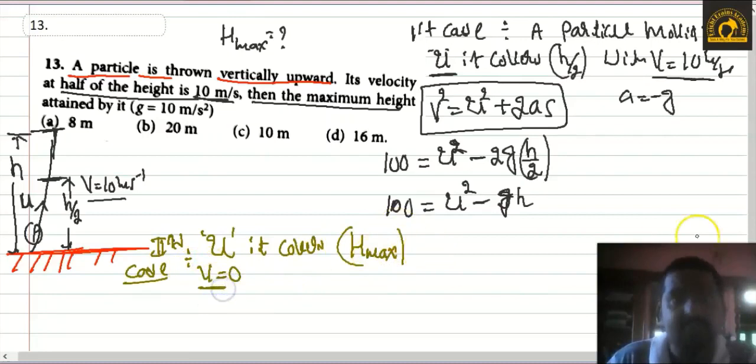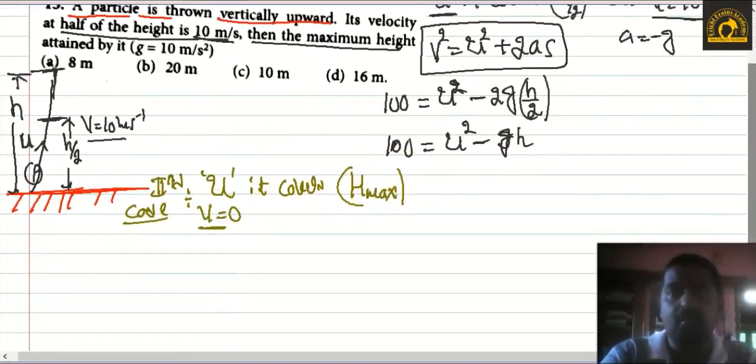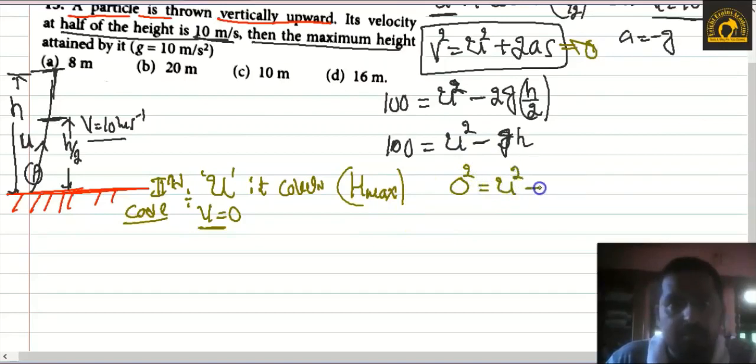When it reaches the maximum height, the final velocity becomes 0. So now put the values in this equation. That is, 0 square is equal to u square minus 2g h maximum. So this is equation number 1, and this is equation number 2.